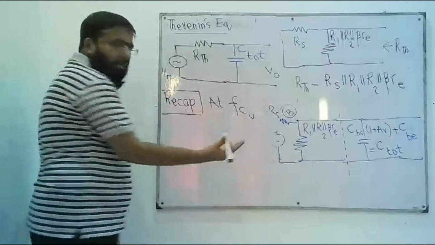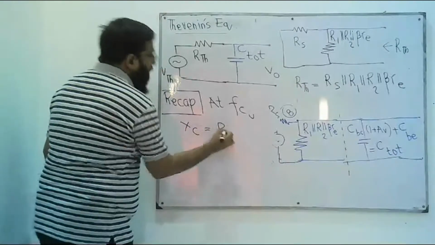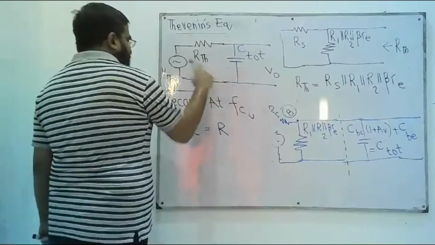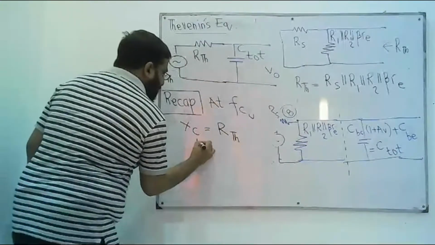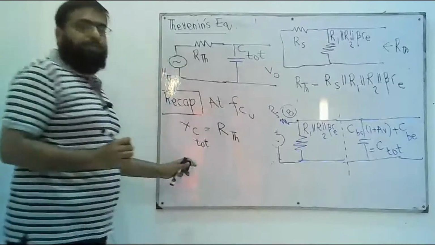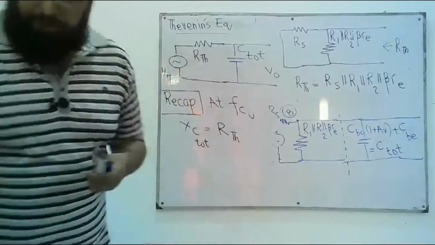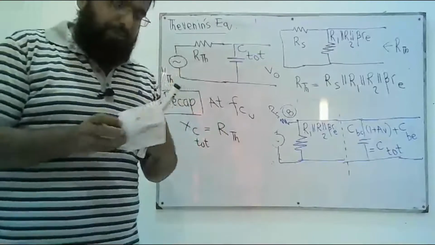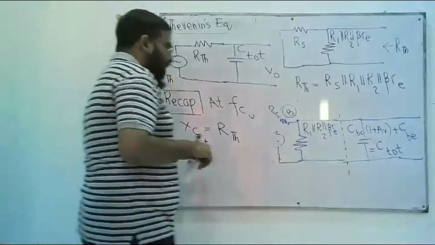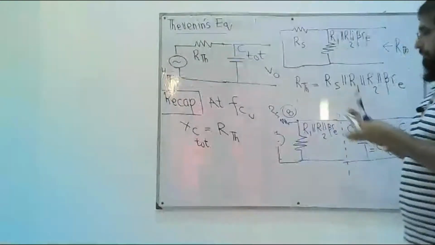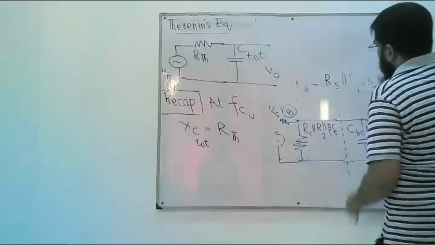But we know that at cutoff frequency, XC is the same as R. Here we have R Thevenin, so R Thevenin. Here we have XC total because C is C total, R is R Thevenin. We studied while we were studying low pass frequency response that at FC, XC is the same as R. XC and R are the same.